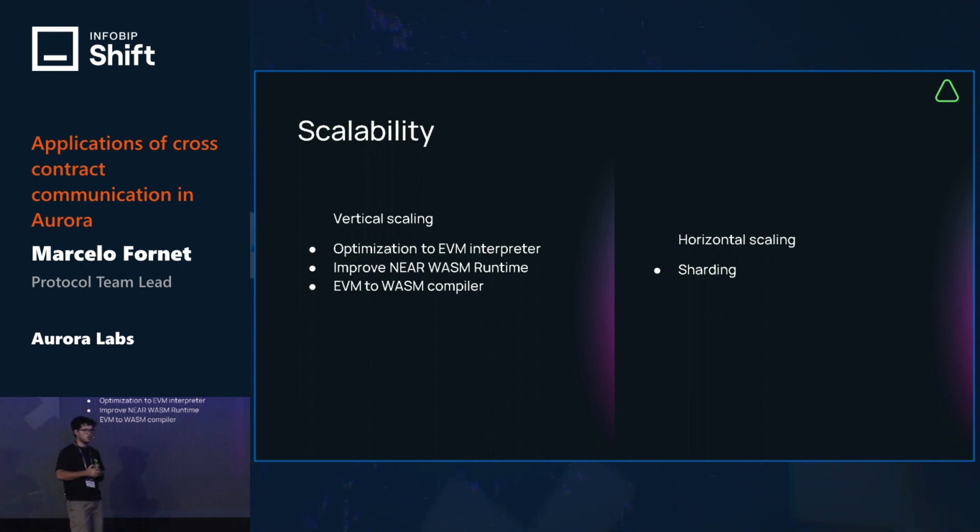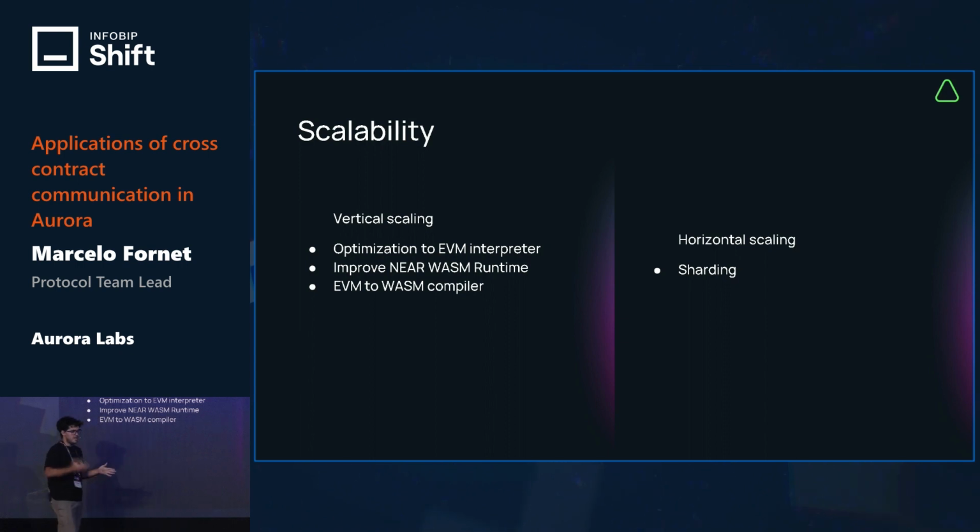So the whole point of Near scalability is sharding. This is what allows Near to scale horizontally, by sharding the computation and the state that each validator needs to have. In the particular case of Aurora, it doesn't trivially benefit from sharding, in the sense that Aurora is a smart contract that lives in a single shard.